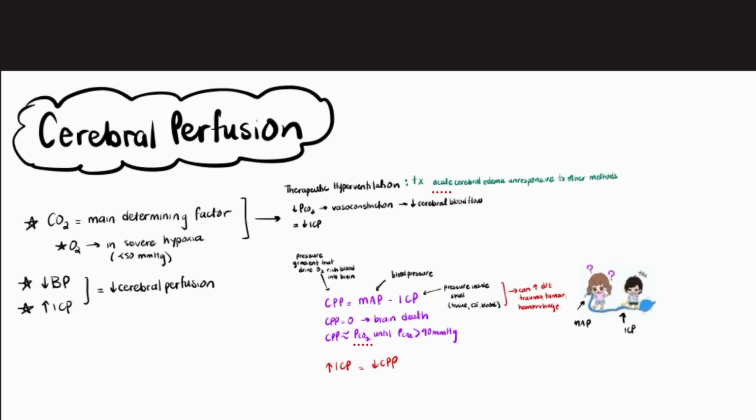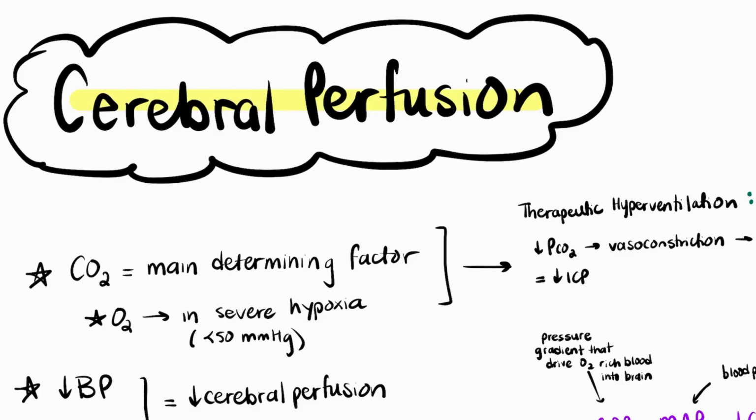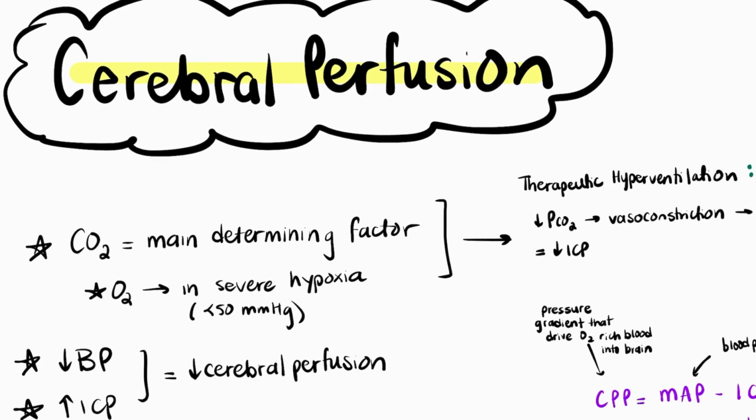Now, this is talking about cerebral perfusion, or the amount of blood that comes to your brain, and the main determining factor is the partial pressure of carbon dioxide, or CO2.